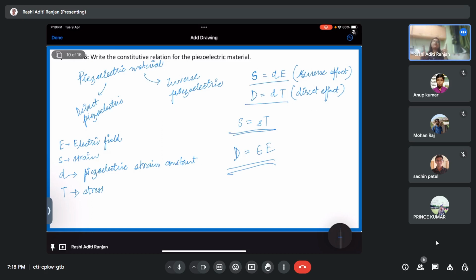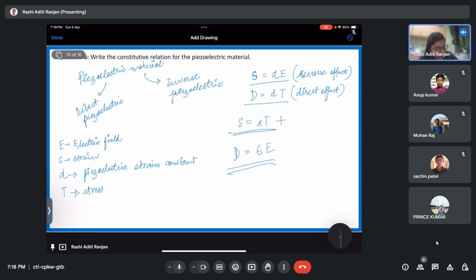Now my piezoelectric material has the capability to behave as an elastic material also, and then it is going to show some electrical properties also. So there should be both the effect of the electric field and stress on the strain, and the effect of the electric field and the stress on the dielectric displacement. So what am I going to do?